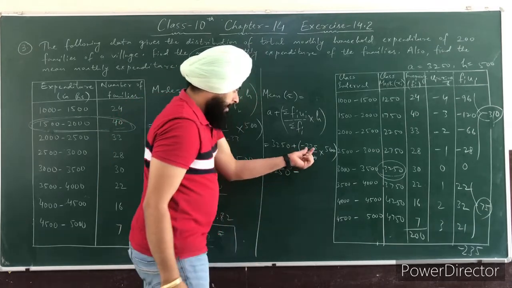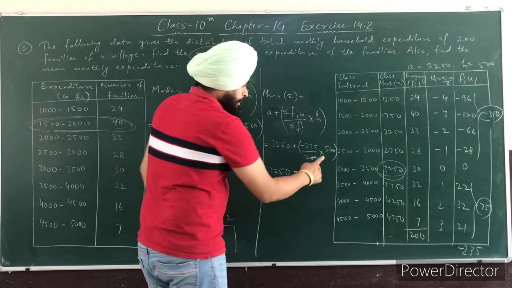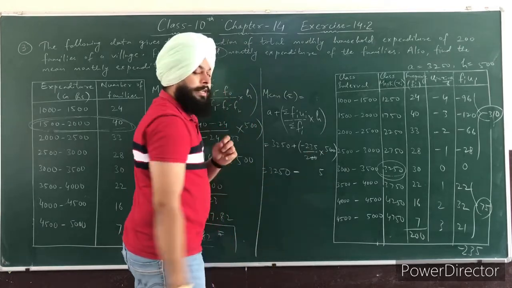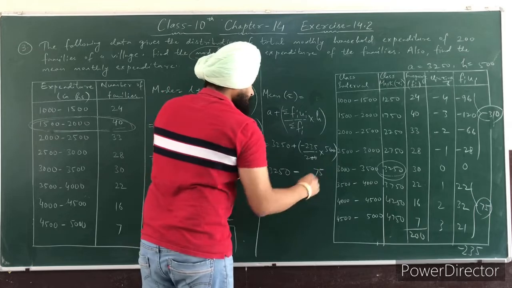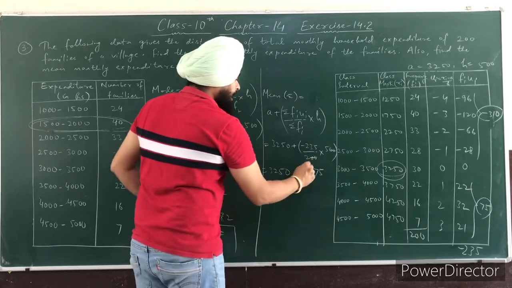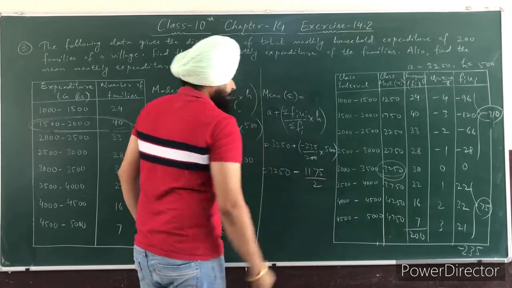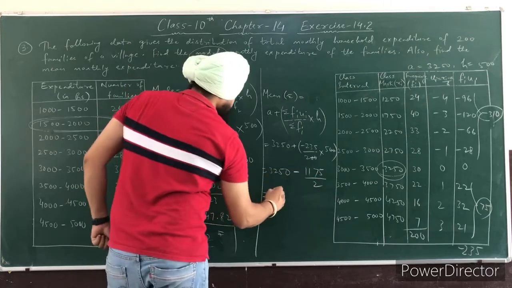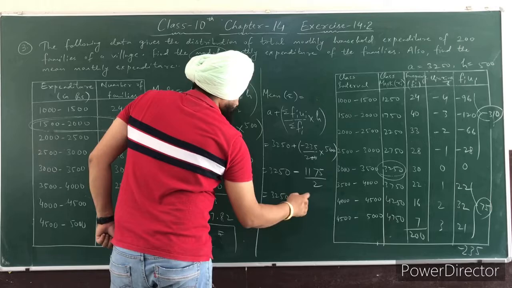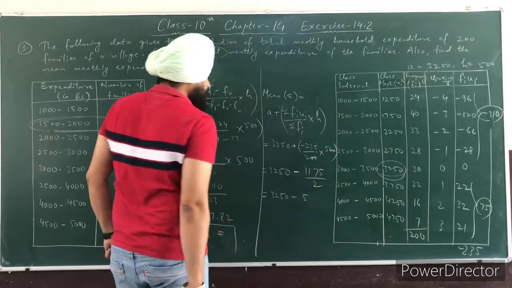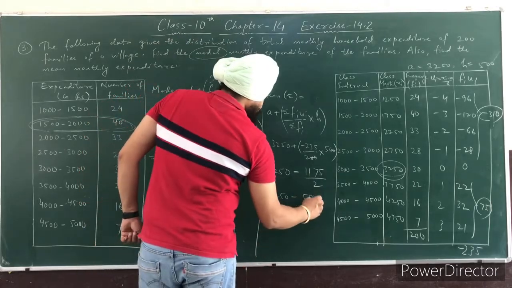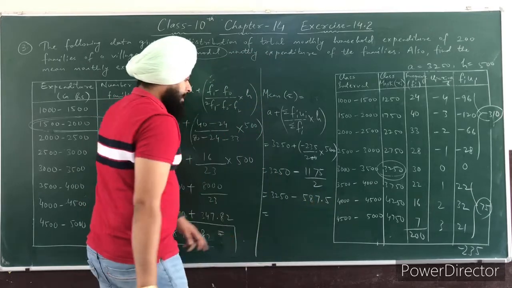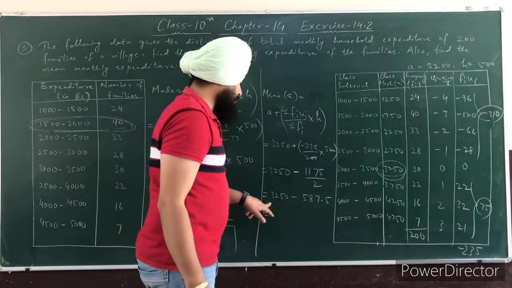So it is 3250 plus minus minus. Now you should multiply this 235 with 5. 5 fives are 25, 2 carry, 5 threes are 15, 15 plus 2 is 17, 1 carry, 5 twos are 10, 10 plus 1 is 11. So it is 1175 divided by 2. Now 2 fives are 10, 2 eights are 16, 2 sevens are 14, 2 fives are 10. Now subtract this 587.5 from 3250.